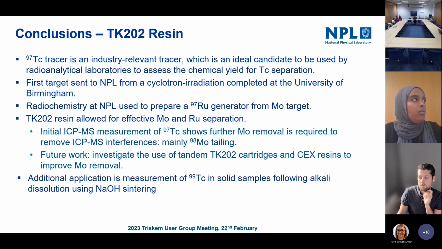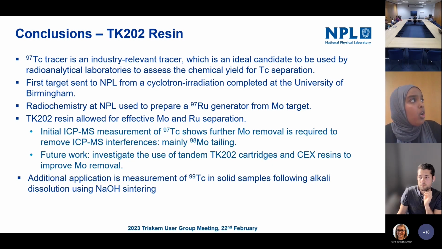So just to conclude on the work with TK202, the products of Triskem have really helped us to have in place a very nice and optimal separation method for measurement of technetium-99 by ICP-MS.